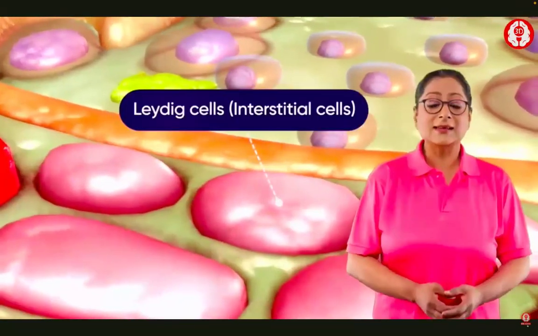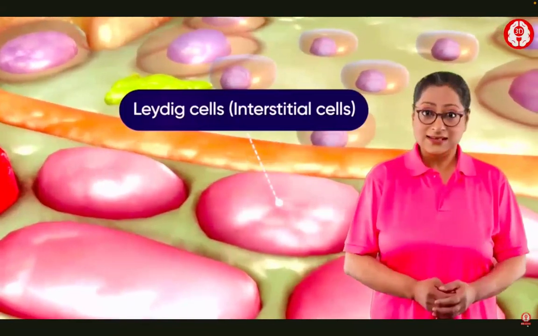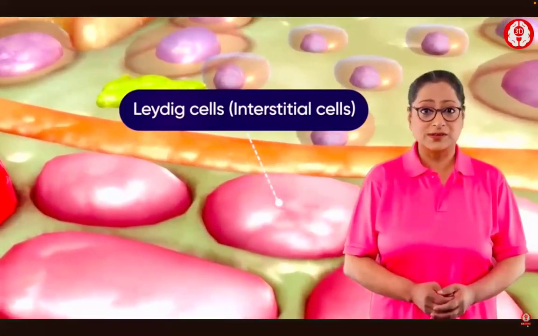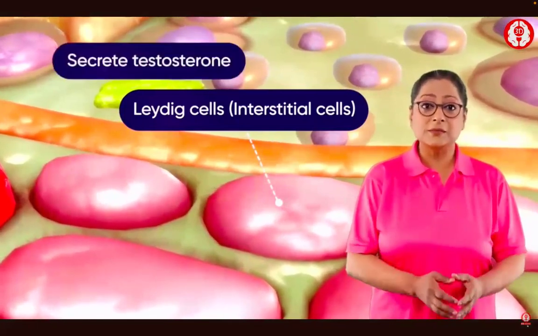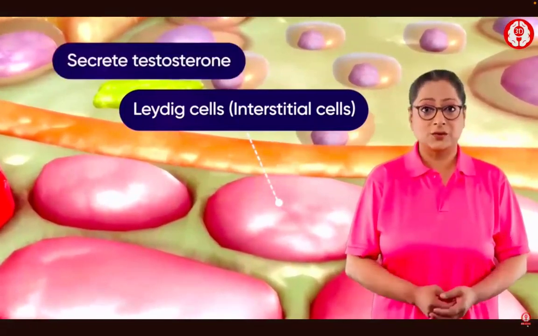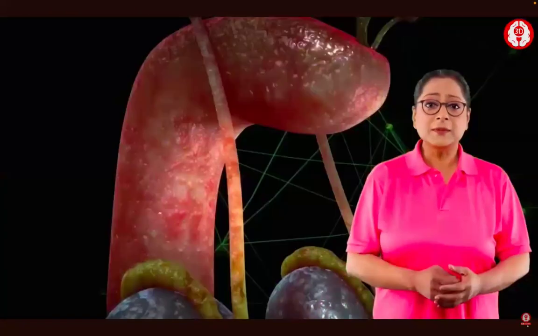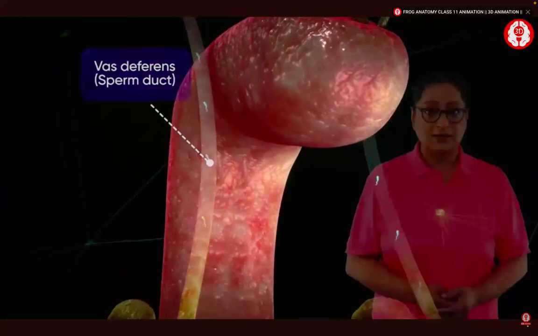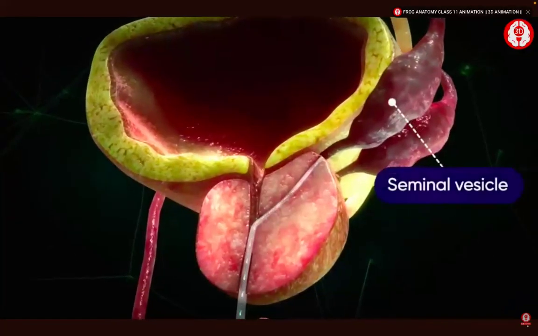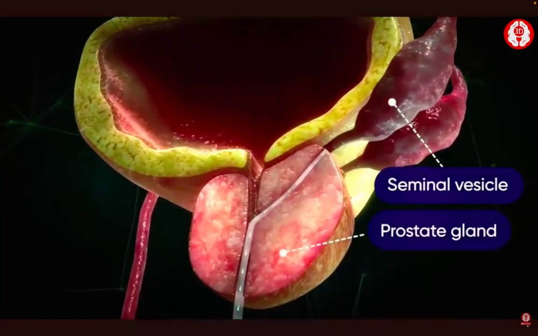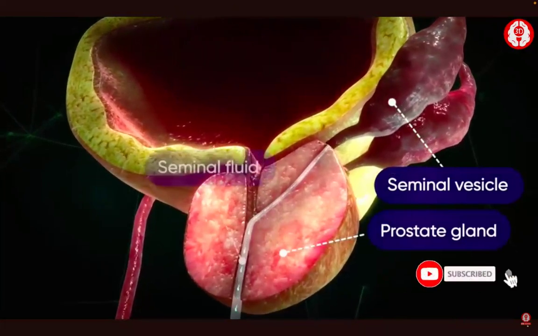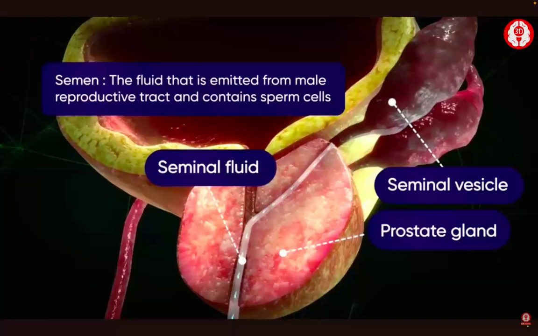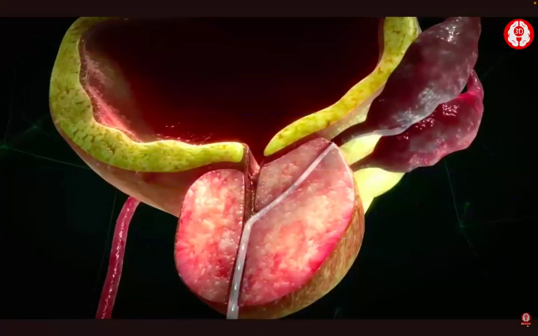Leydig cells, or interstitial cells, are found adjacent to the seminiferous tubules. They secrete the male hormone testosterone. The sperms then move to the vas deferens, or sperm duct. The seminal vesicles and prostate gland produce a fluid called seminal fluid, which mixes with the sperm to form semen.